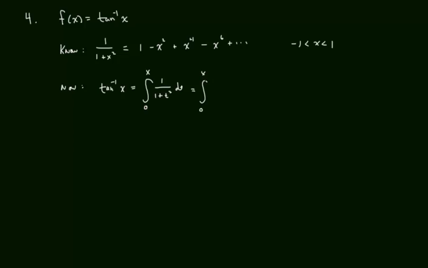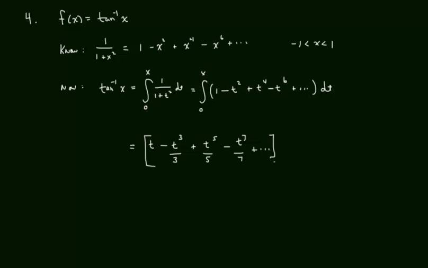The integral from 0 to x of 1 minus t squared plus t to the power 4 minus t to the power of 6 plus dot dot dot dt. And I'll integrate term by term by term. So I have t minus t to the power of 3 over 3 plus t to the power of 5 over 5 minus t to the power of 7 over 7 plus dot dot dot. And I will take that from 0 to x.